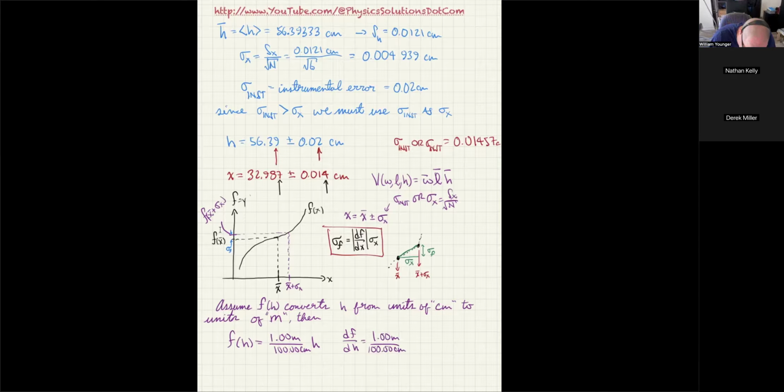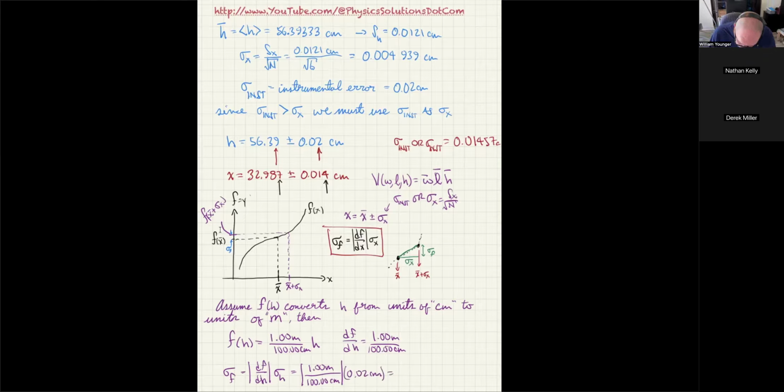And now we can see that sigma f is equal to the absolute value of df over dh times sigma h. So this means I'm going to take 1.00 meters divided by 100.00 centimeters in the absolute value bars, and I'm going to multiply that by the uncertainty in h, which is 0.02 centimeters.